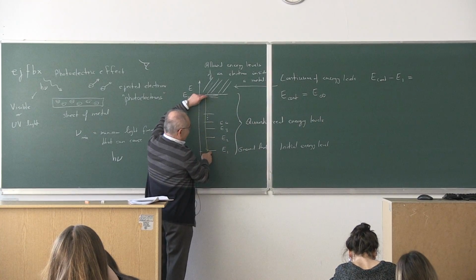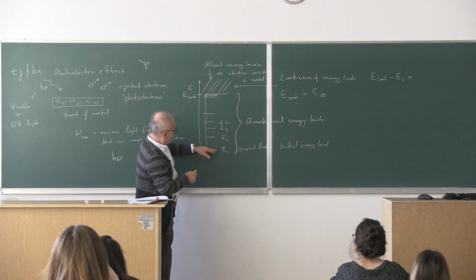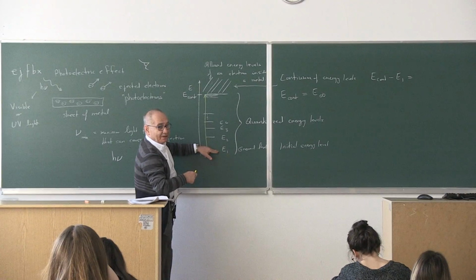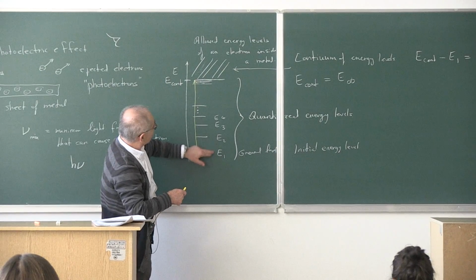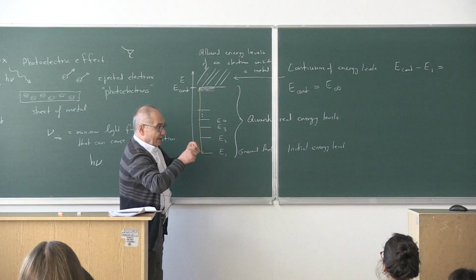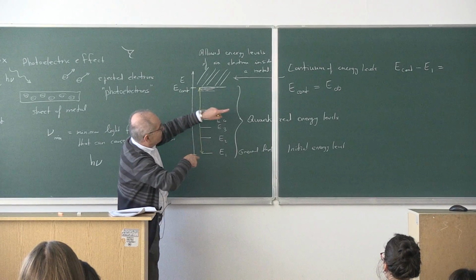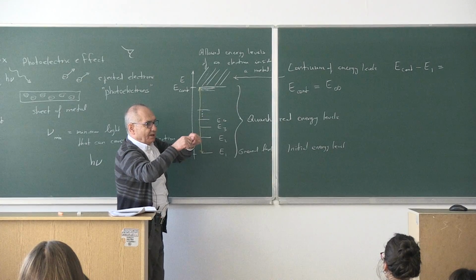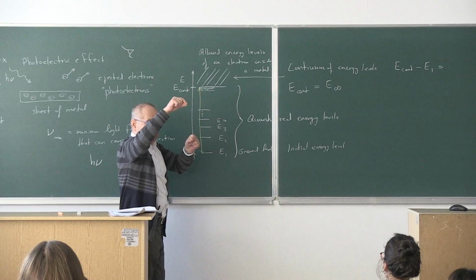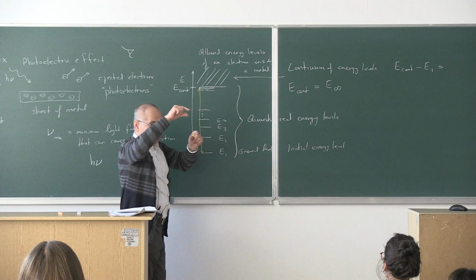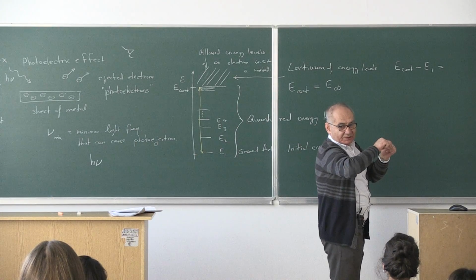This is the minimum energy which is needed to ionize the electron, which is initially in this energy level, E1. The circumstance is that with this energy, E continuum minus E1, the electron is just ejected. It has 0 kinetic energy. All right? And this is the minimum possible energy to cause photoejection.